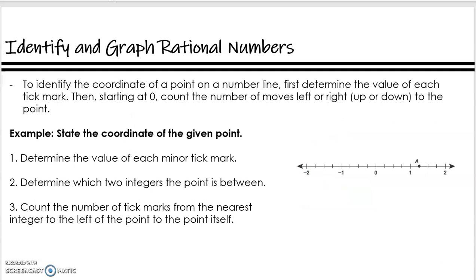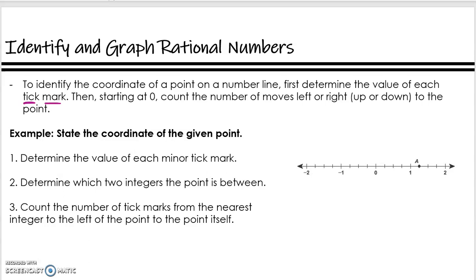So to identify the coordinate of a point on a number line, first determine the value of each tick mark. We talked about this a little bit in the last video. So for this number line, they are showing us our whole numbers, 0, 1, 2, -1, -2.